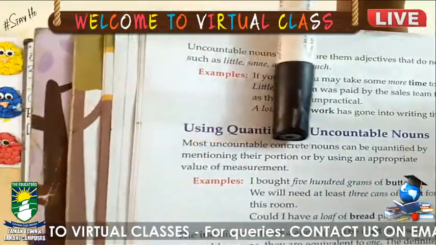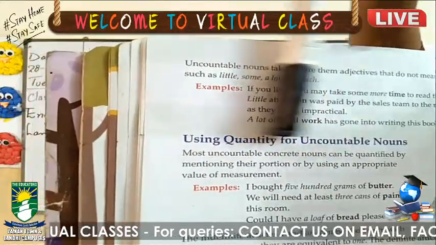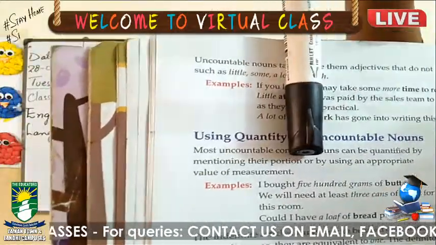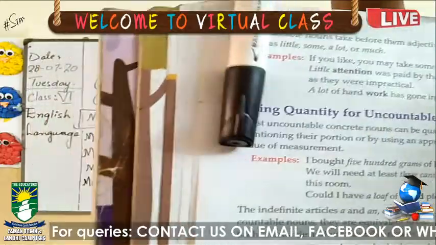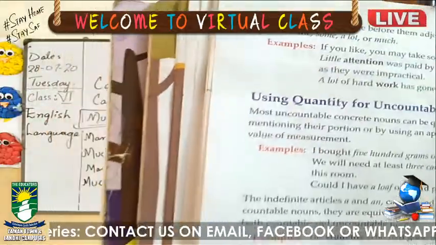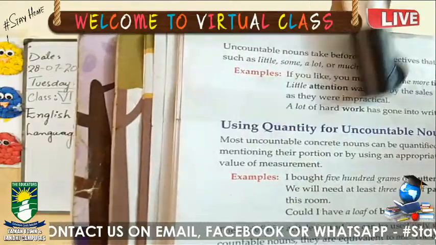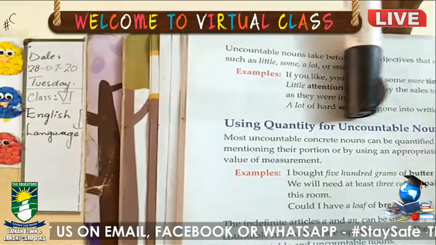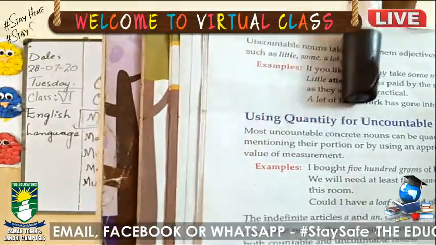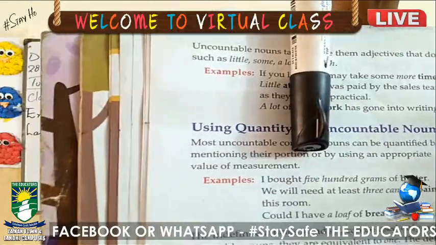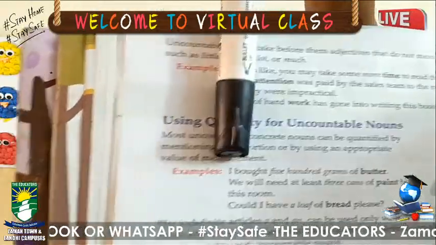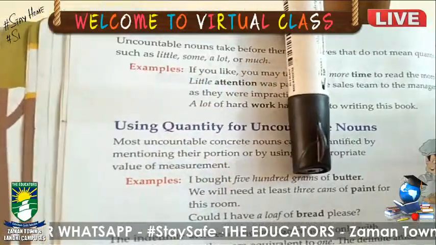Most uncountable concrete nouns can be quantified by mentioning their portion or by using an appropriate value of measurement. As we were discussing about the quantity of uncountable nouns, that we can measure them easily or can divide in the portions as well. Okay, for example, I bought 500 grams of butter.